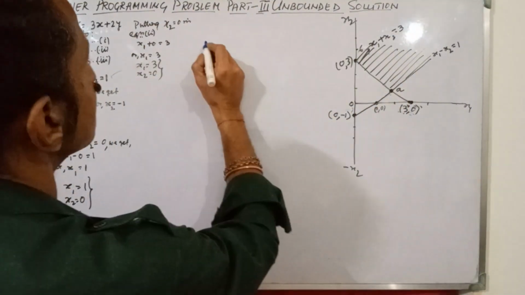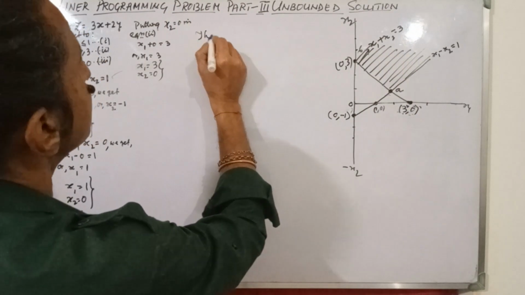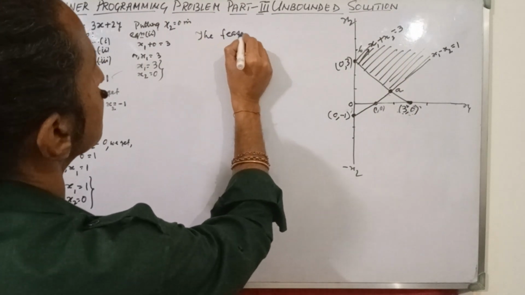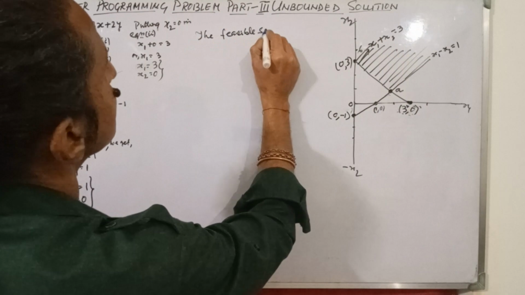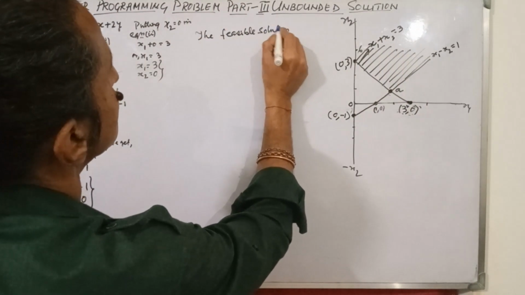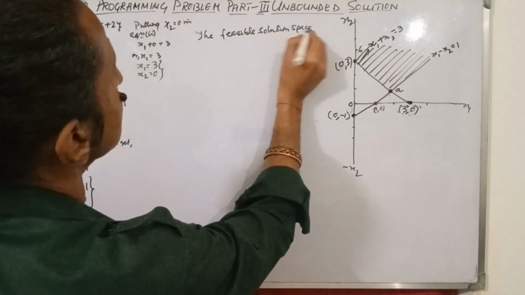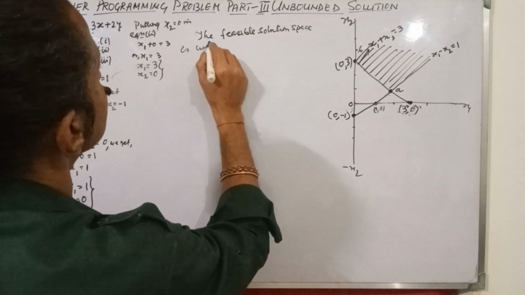So the feasible solution space is unbounded.